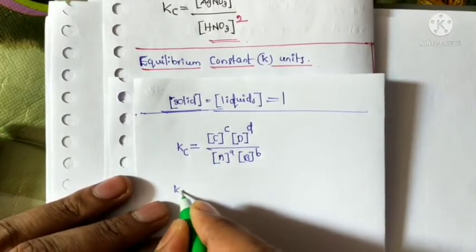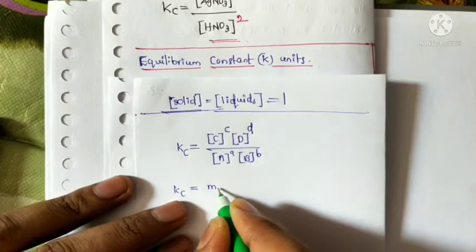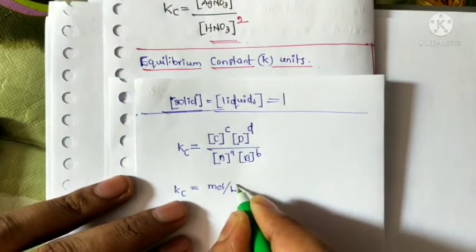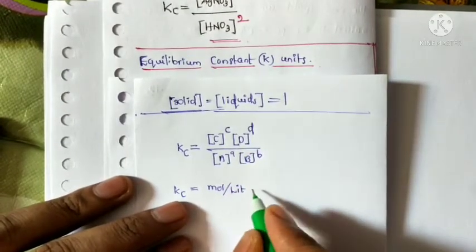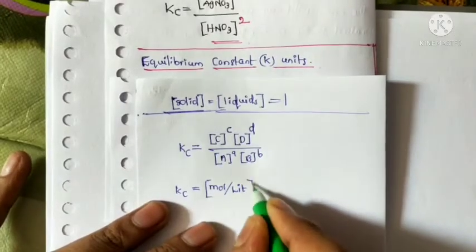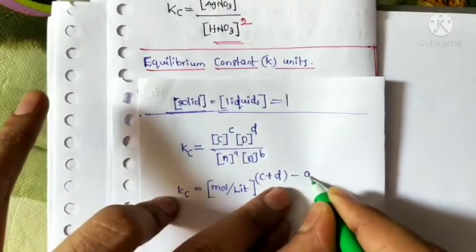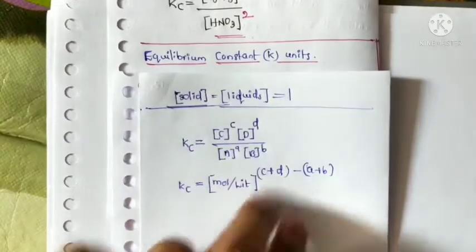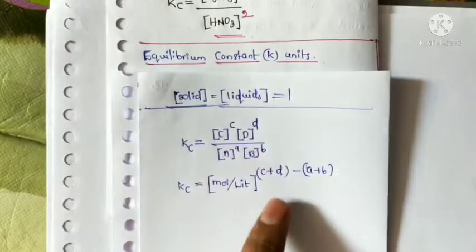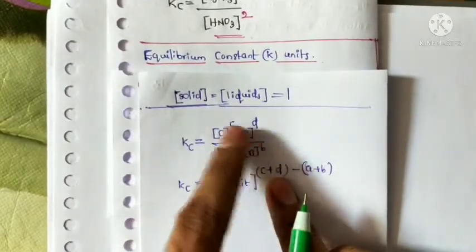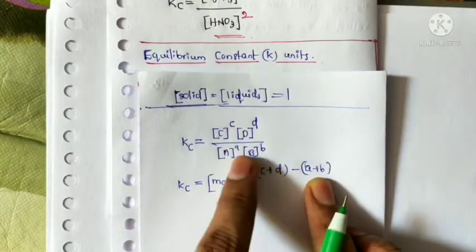So Kc equals mole per liter raised to C plus D minus A plus B. C plus D is the total number of moles of products, and A plus B is the total number of moles of reactants.